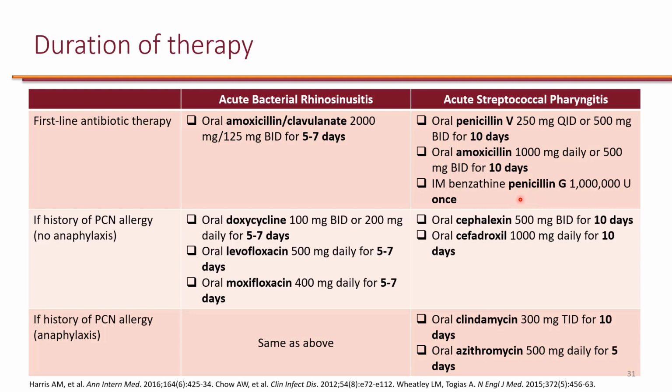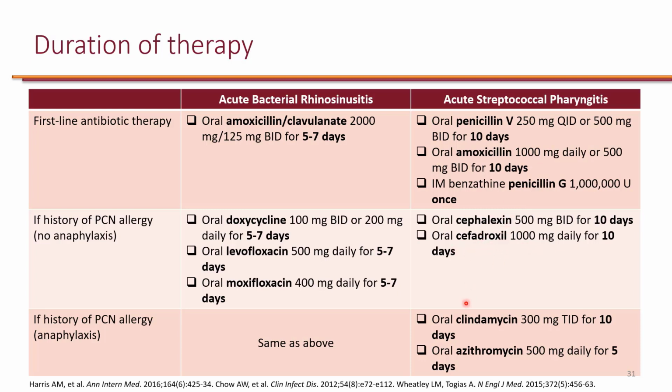Now, if someone has a penicillin allergy, and the reaction is non-anaphylaxis, we can use a first generation cephalosporin like cephalexin for 10 days, or we can use cefadroxil once a day for 10 days. Now, if the reaction is anaphylaxis, then it's not a good idea to use cephalosporins.